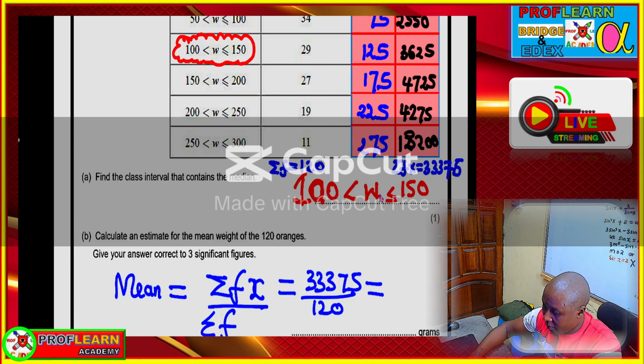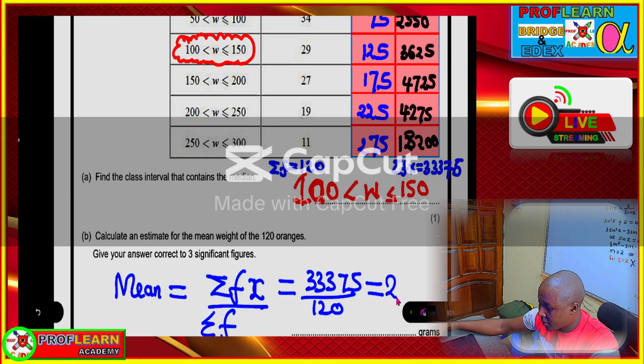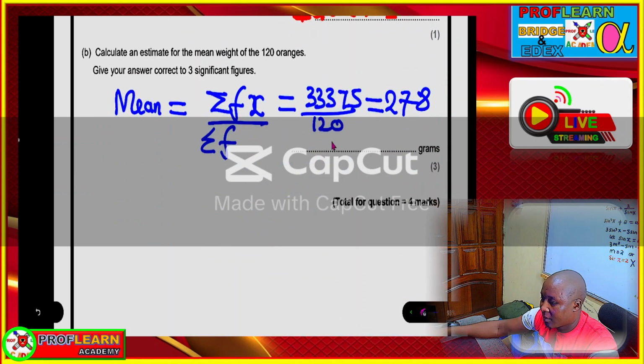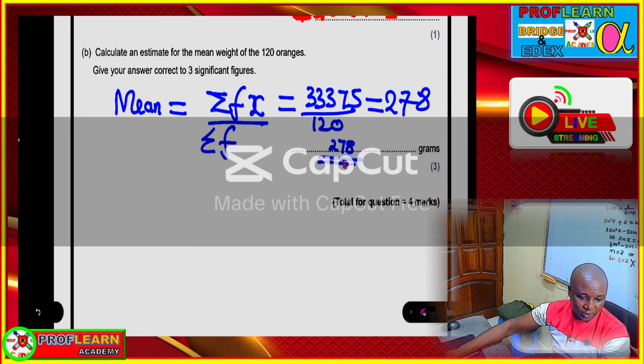So if we divide by 120, our answer becomes 278 as the mean.